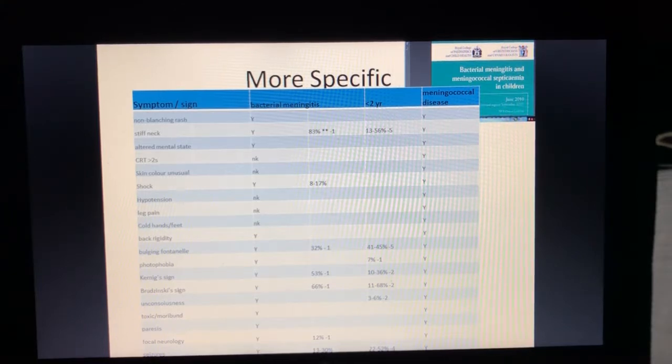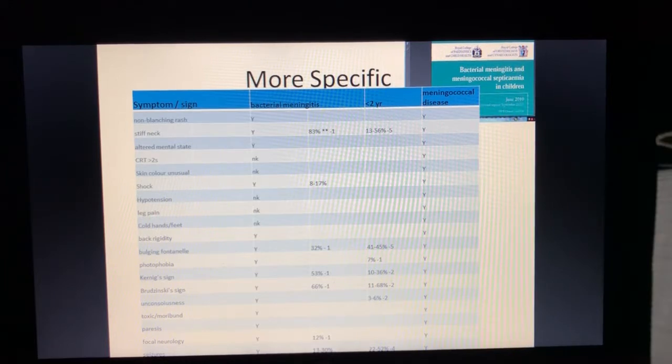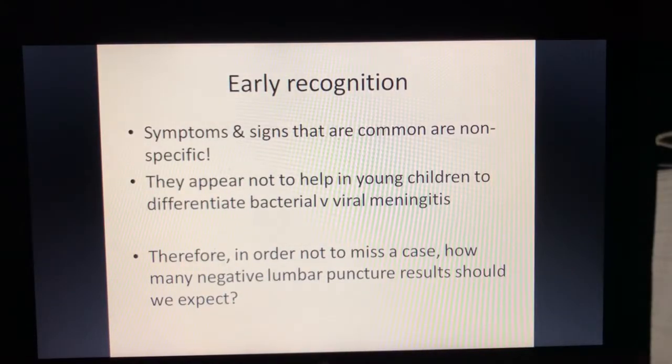And what I don't know is how many negative lumbar punctures represent a decent screening rate. So, how many negative lumbar punctures do we need to be doing in order not to miss the few that might have bacterial meningitis?